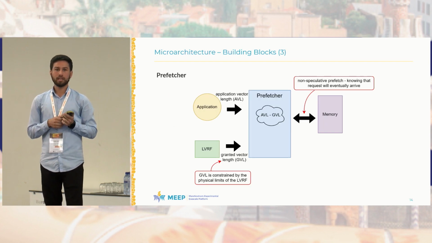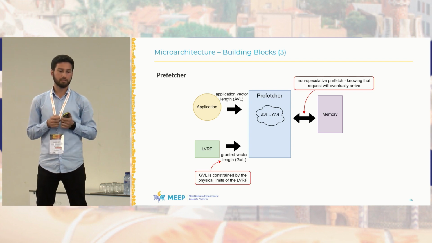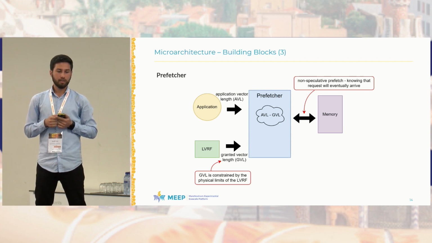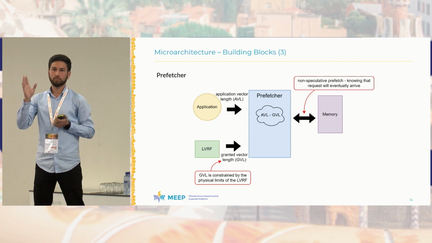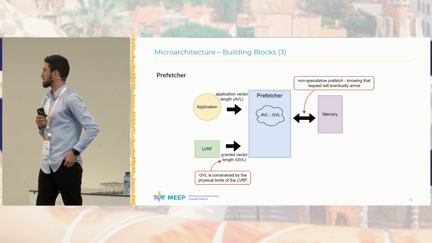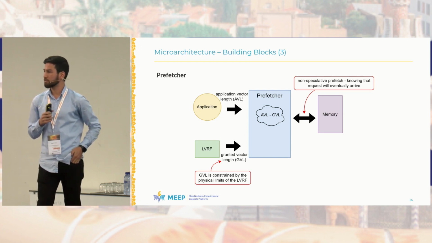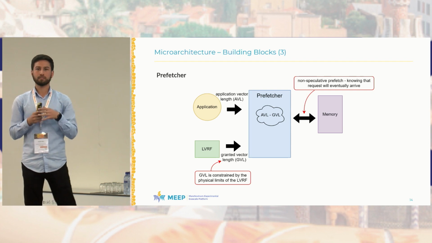Another component is the Prefetcher. We know the application is demanding some vector length to perform an operation, the application vector length. But our long vector register file is a physical register file, which means we have some physical constraints.